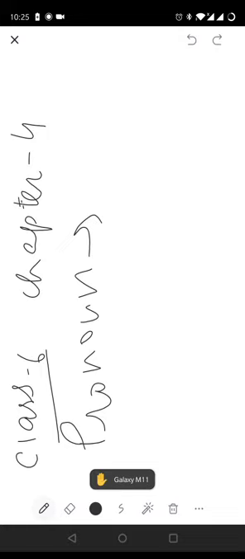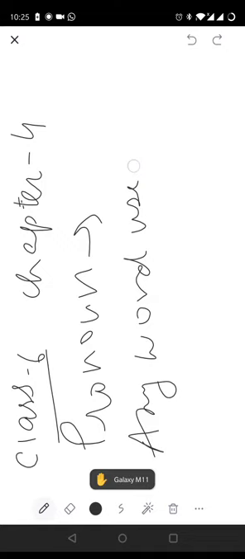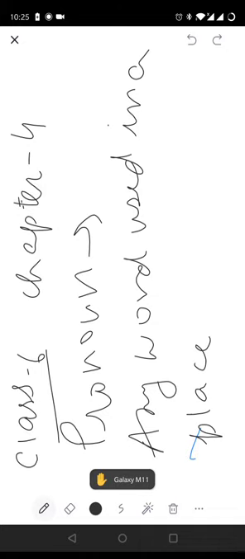Any word which is used in place of a noun is called a pronoun.